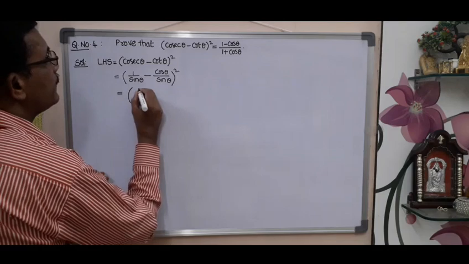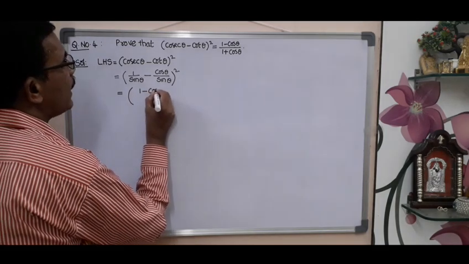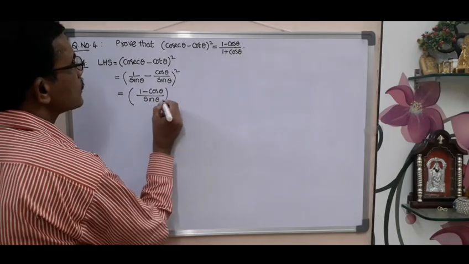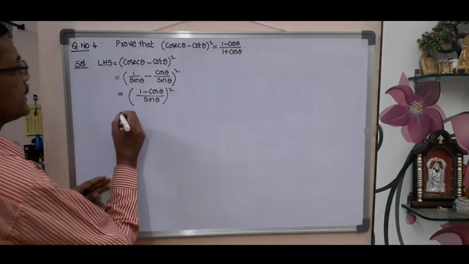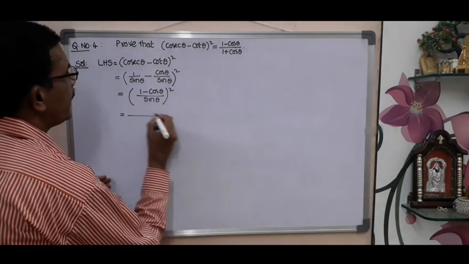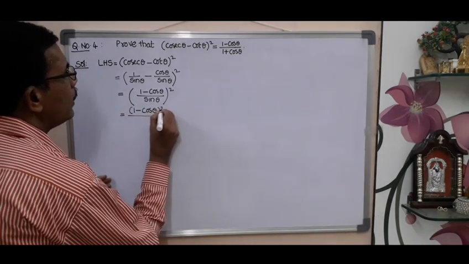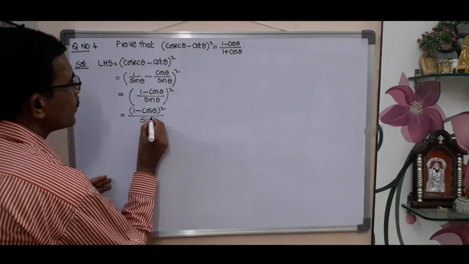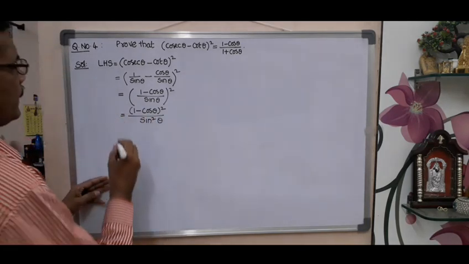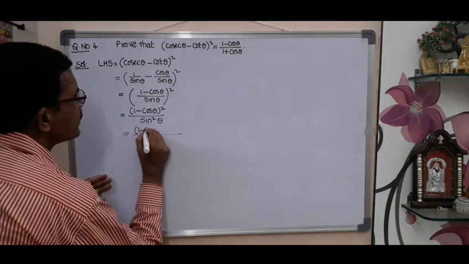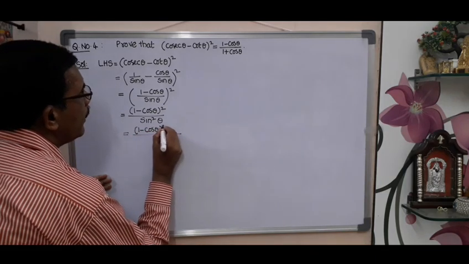Taking LCM, 1 minus cos theta by sin theta whole square. Separating power for numerator and denominator, 1 minus cos theta whole square by sin square theta.